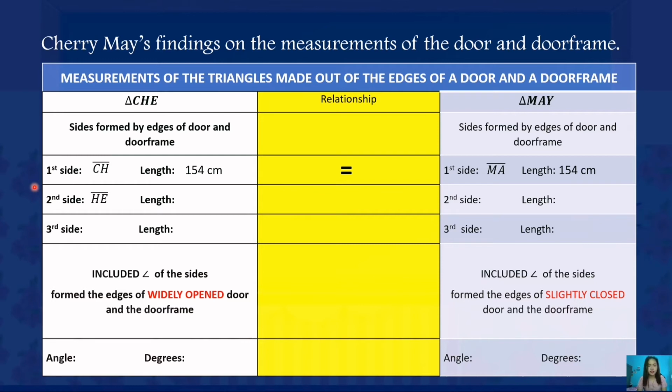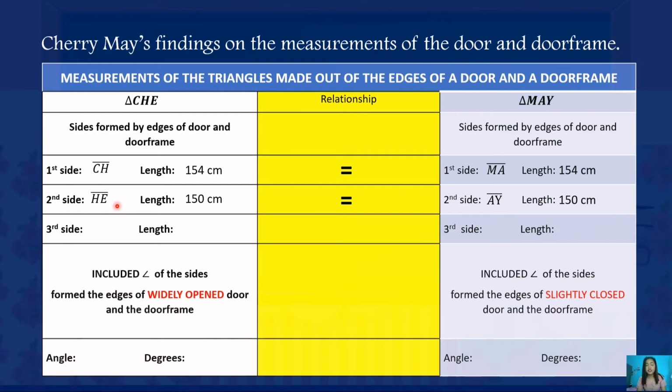How about the second side? So we have HE, and its length is 150 centimeters. So the second side of the second triangle is side AY with a length 150 centimeters. So what is the appropriate relationship? Very good. They are also equal.